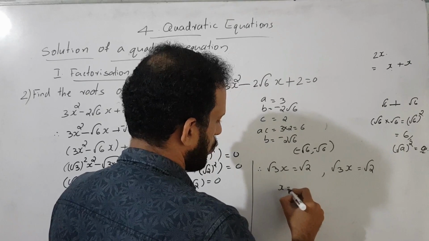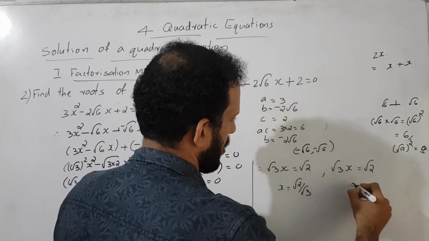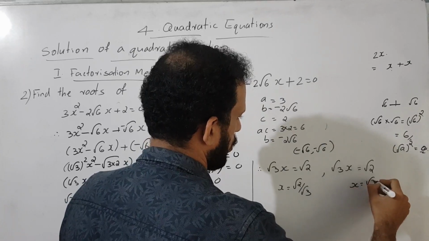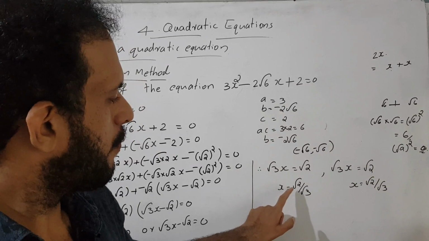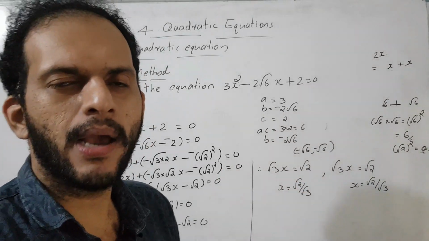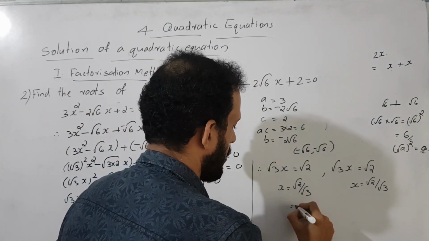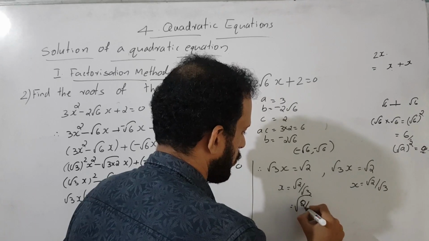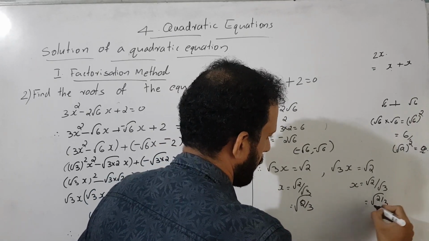Therefore x is equal to √2 by √3. Here also x is equal to √2 by √3. Then this one is in the form of √a by √b. Root a by root b is equal to root of a by b. 2 by 3 is equal to root of 2 by 3.